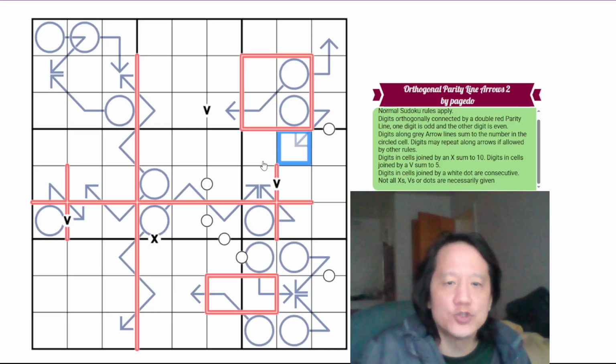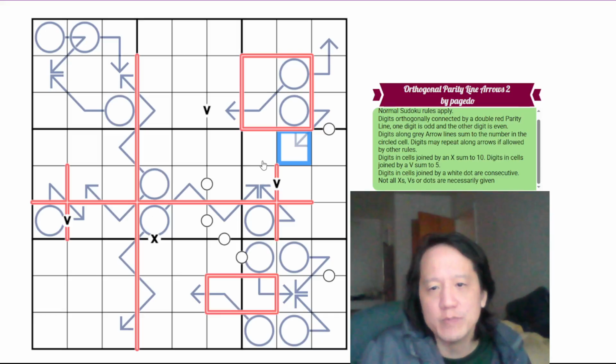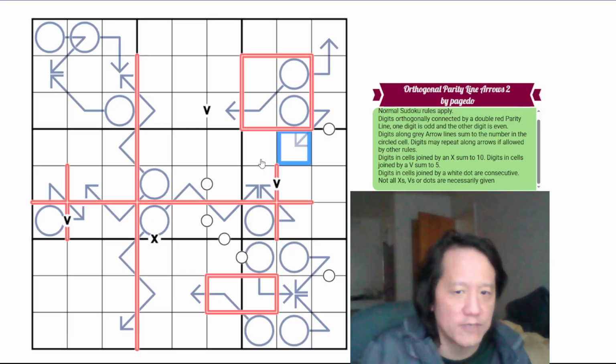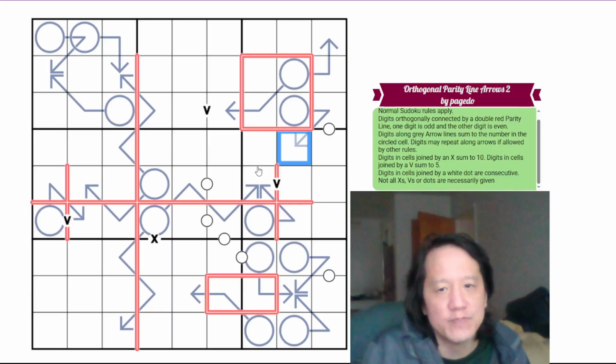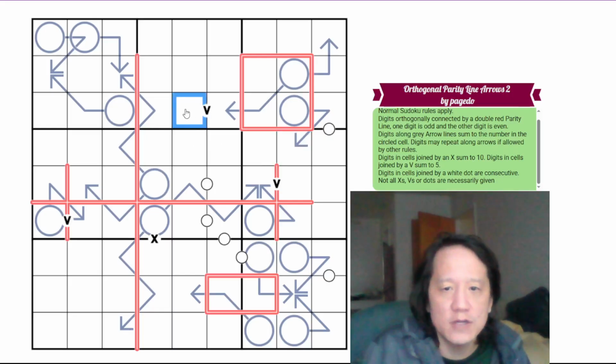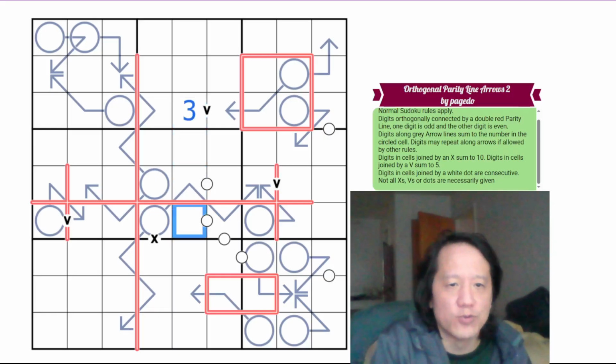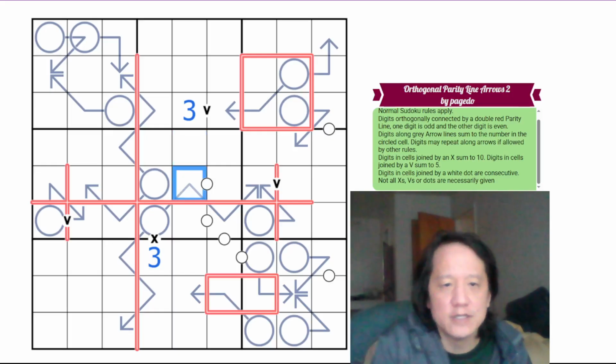Digits in cells joined by an X sum to 10, digits in cells joined by a V sum to 5, and digits in cells joined by a white dot are consecutive, and not all X's, V's, or dots are necessarily given. So this is typical XV, and then white Kropke dots. For example, say this was 3.